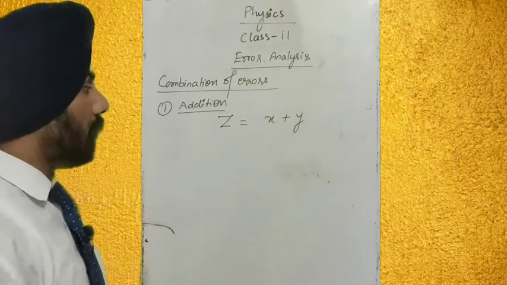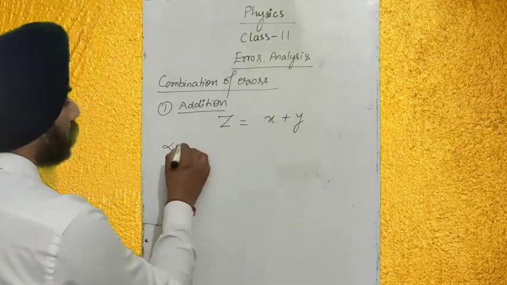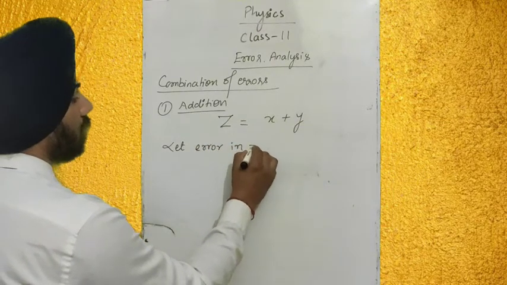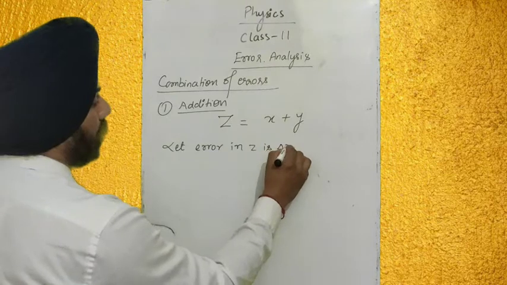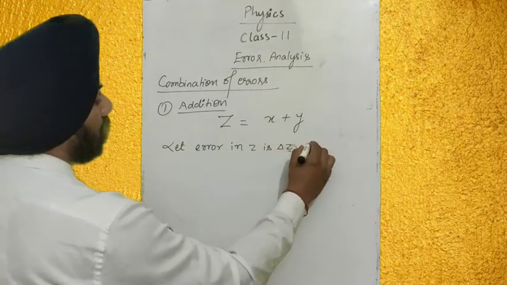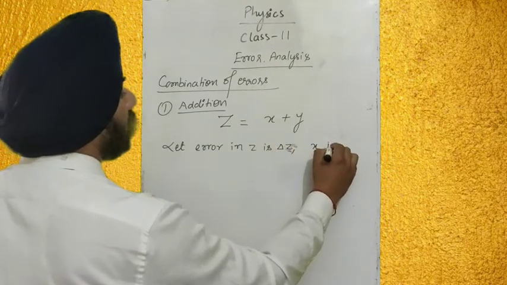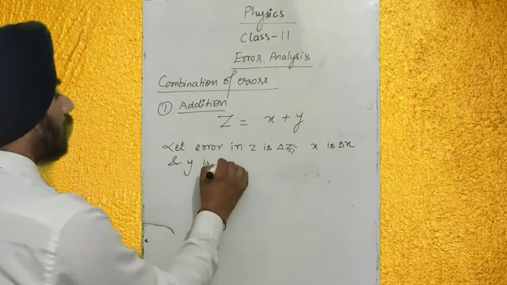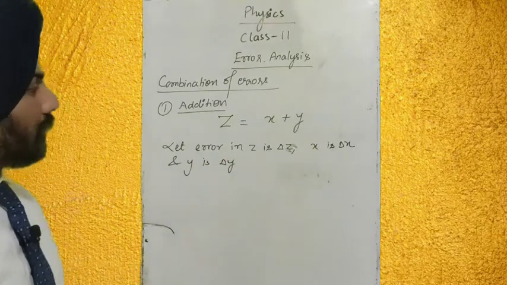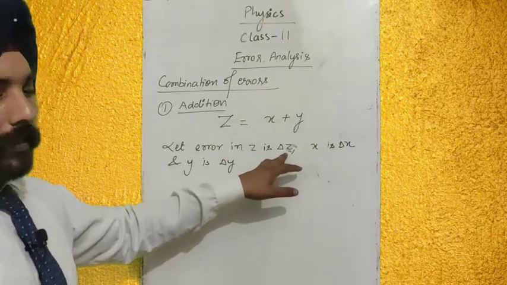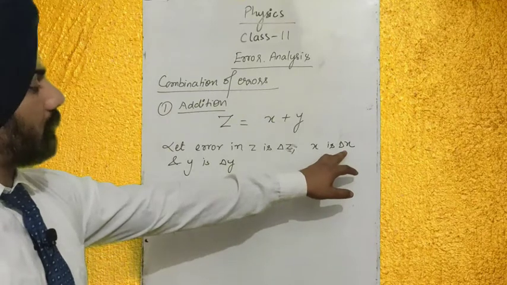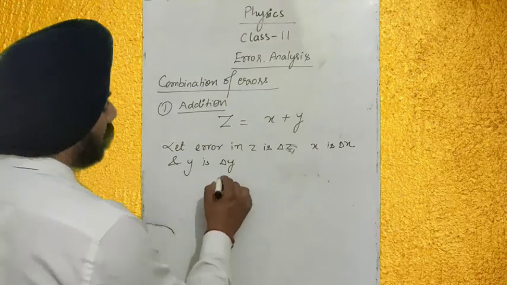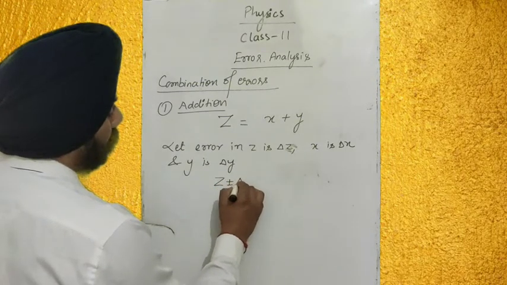Let the error in z be delta z, in x it is delta x, and in y it is delta y. These are the errors.